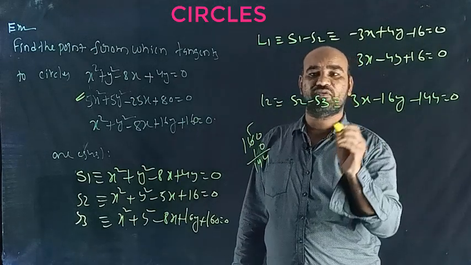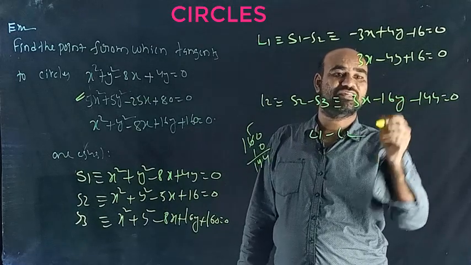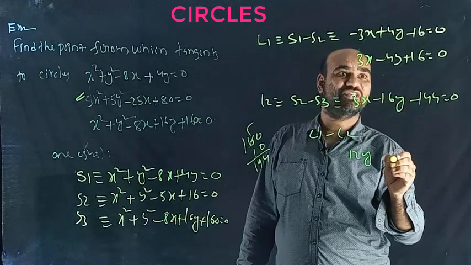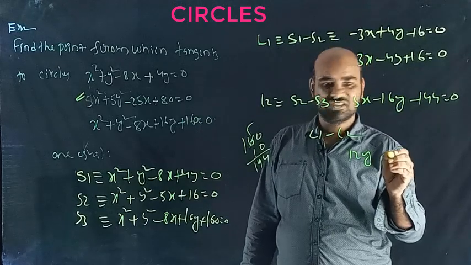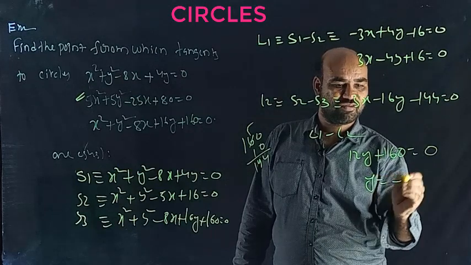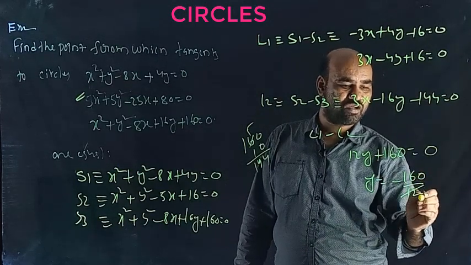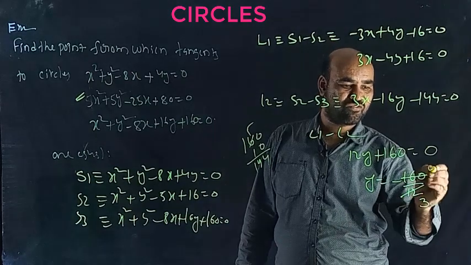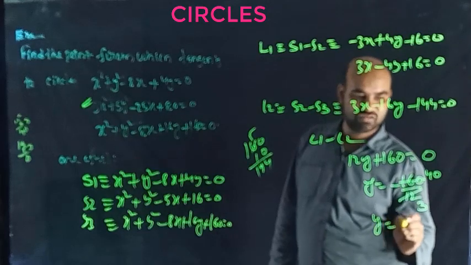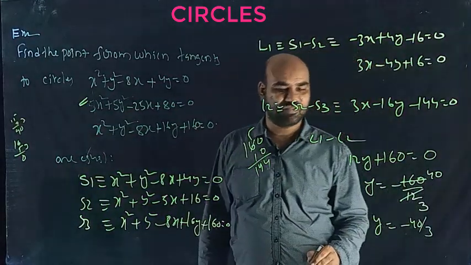Subtracting L1 minus L2, we get 12y plus 160 equal to 0, so y equals minus 160 by 12, which is minus 40 by 3. Now we want to find the corresponding x using any one of the equations.